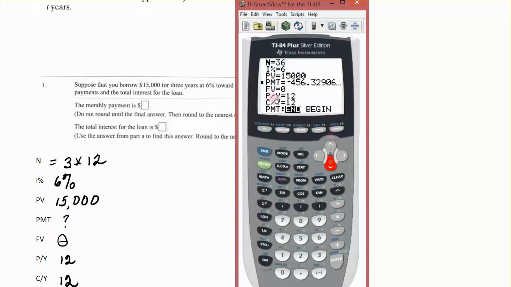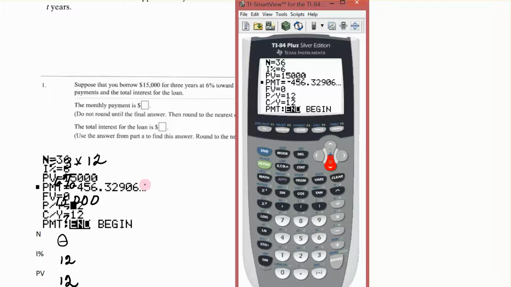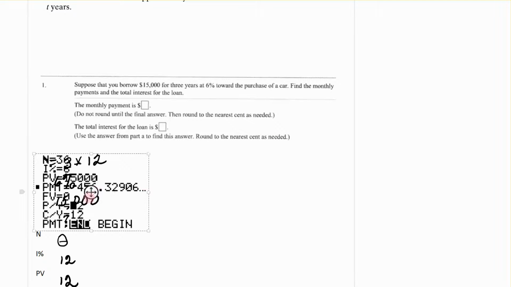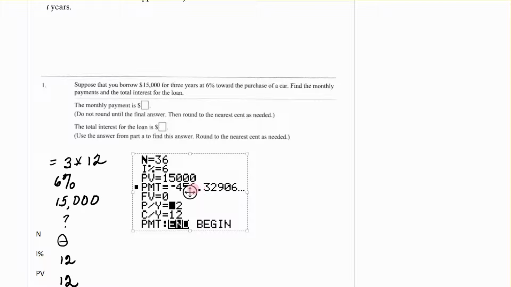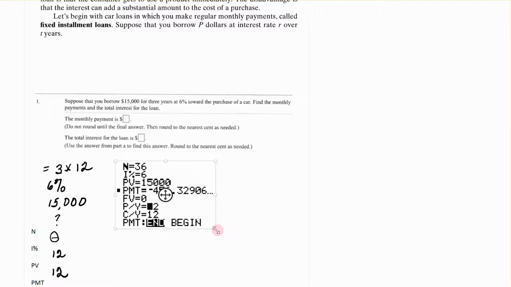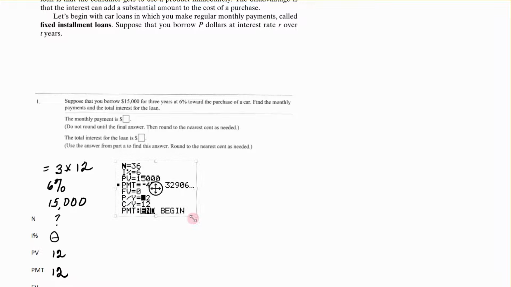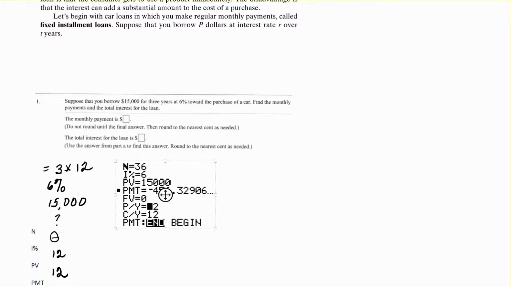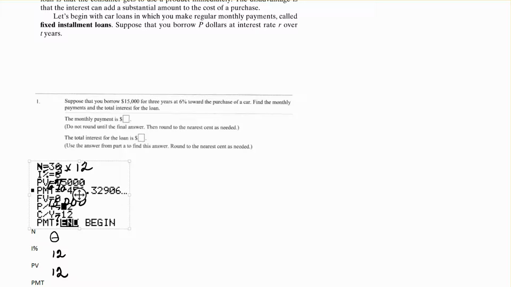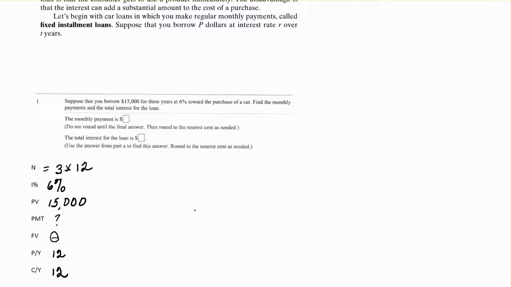Okay. And I want to grab this. Maybe make it a little smaller. I'm going to put it perhaps right there.